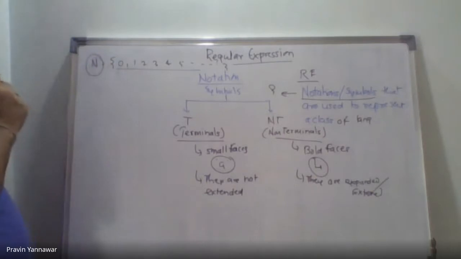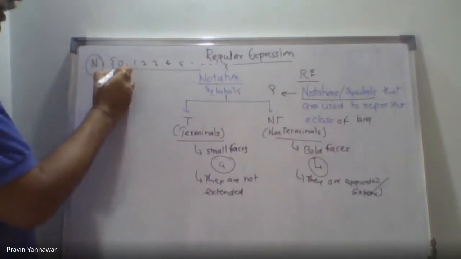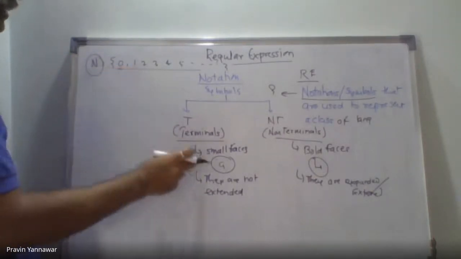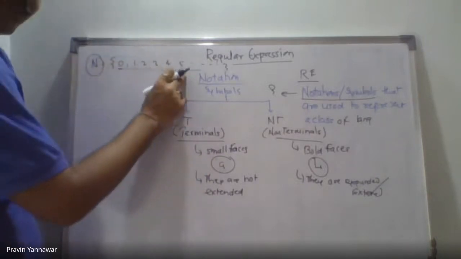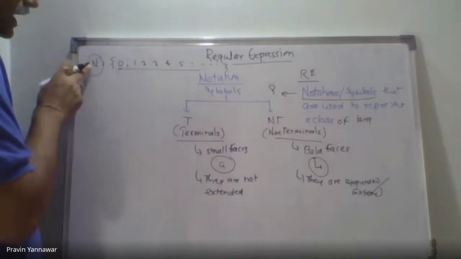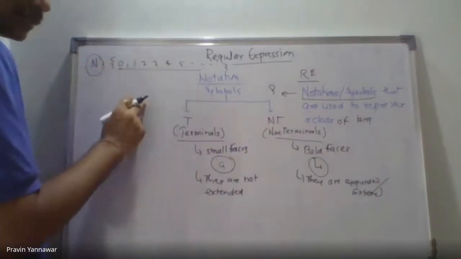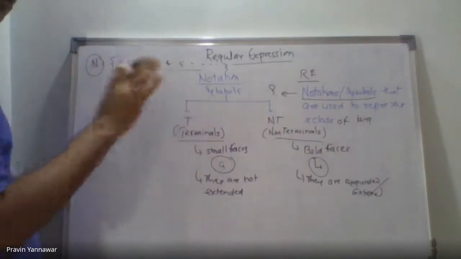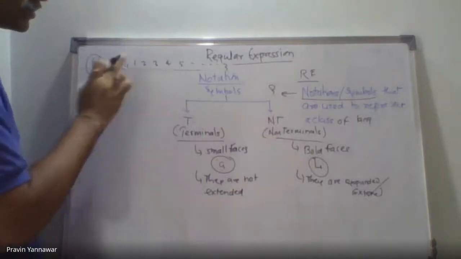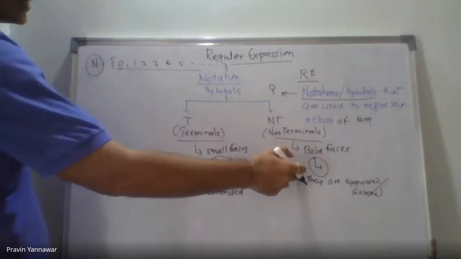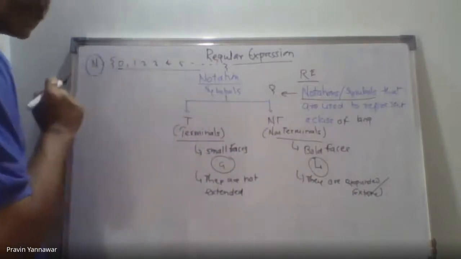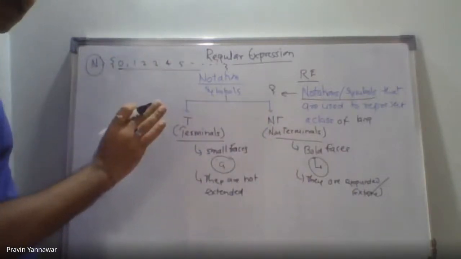N is written in bold face, while 0 is written in small face. So 0 is 0 only, but N can be 0, 1, 2, 3. This means N can be substituted by any of the terminals, but a terminal cannot be substituted by anything. A non-terminal, which is bold face, can be substituted by any terminal symbol. This is the concept.